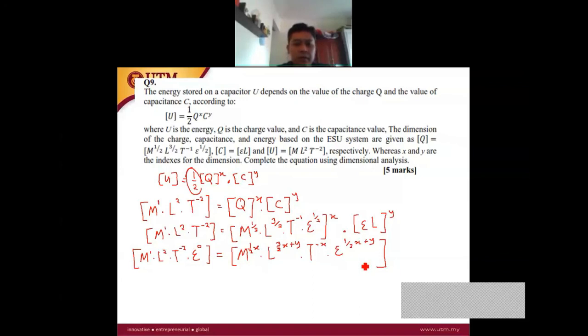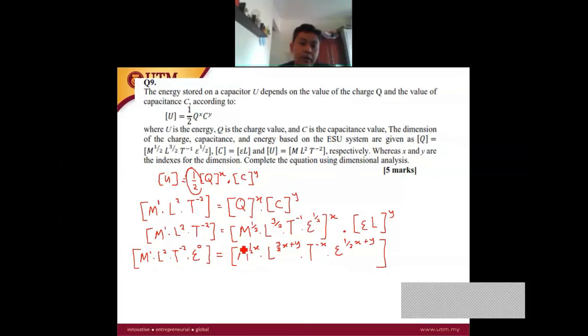so now we have matched the dimension units on the left side and right hand side. Then next we compare each dimension unit. Okay, so on the left hand side M is 1, right hand side is 1 over 2 x.